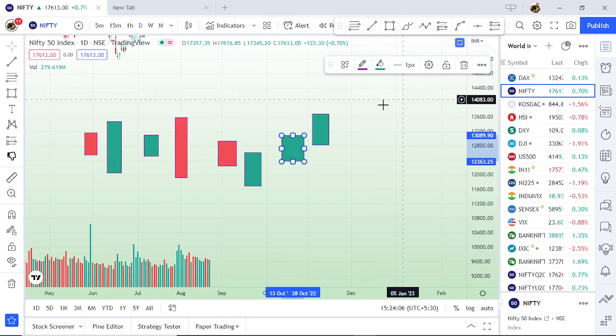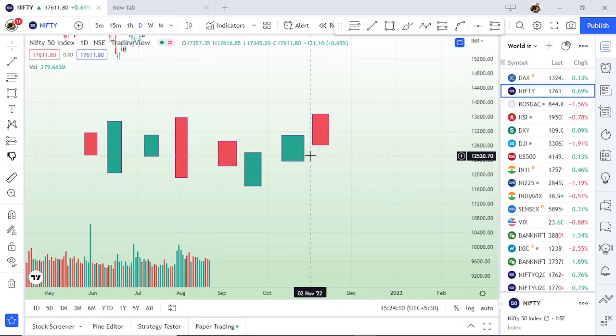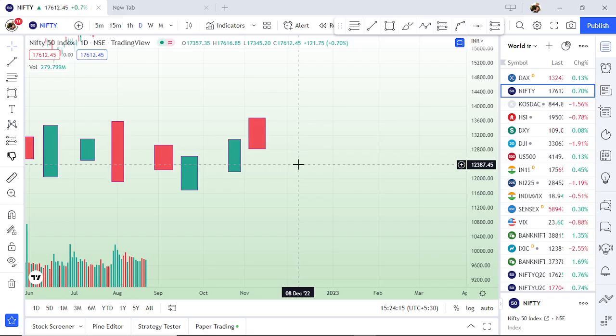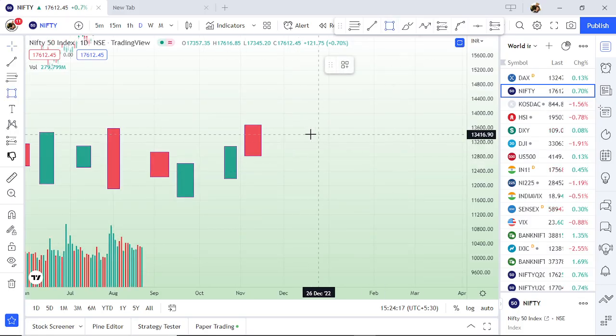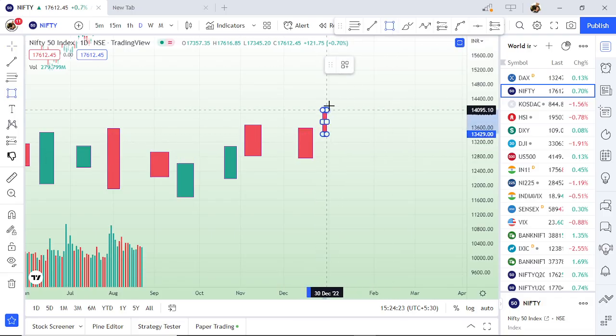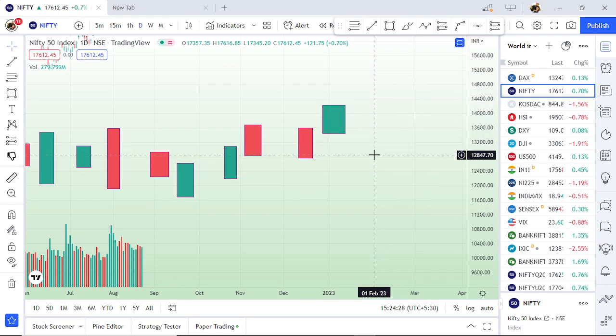Sorry guys. So this is a dark cloud cover, right? And last is Tashuki, a fat one.